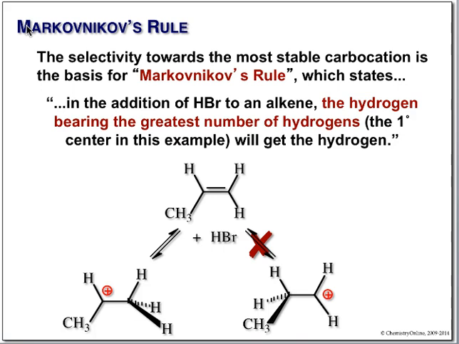Anti-Markovnikov, you simply go to the other carbon for your substitution. So we're going to have two groups, Markovnikov addition, where we have the more stable carbocation, and anti-Markovnikov, where we go to the center that would form the least stable carbocation.